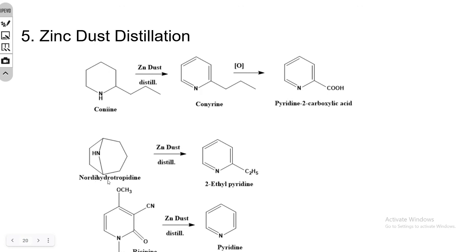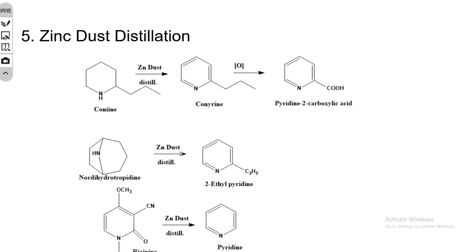Norhydrotropine, on zinc distillation, gives 2-ethyl pyridine. So we may conclude that in the parent compound there is at least one six-membered ring. If we look, we can see that this ring is seven-membered, this ring is five-membered, and this ring is six-membered.